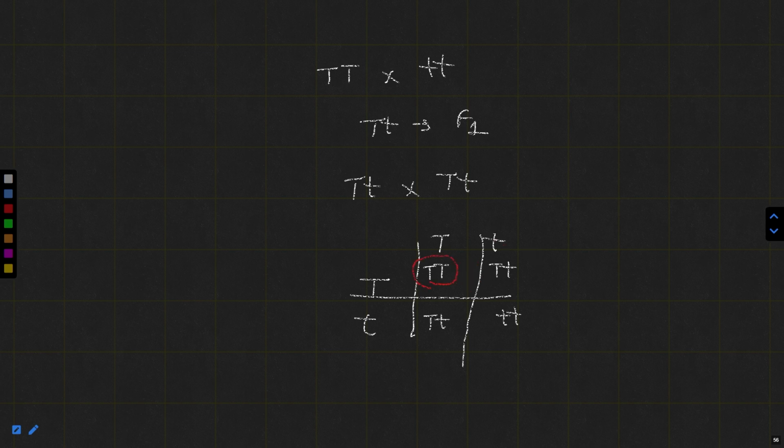This is homozygous dominant. This is heterozygous dominant. This is also heterozygous dominant. And this one is homozygous recessive. Clear? So this is homozygous recessive. This one is heterozygous dominant, and this one is homozygous dominant.